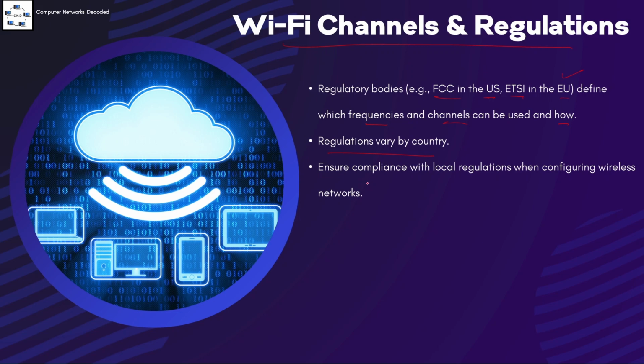These regulatory bodies ensure compliance with local regulation when configuring a wireless network. So for example, when you are configuring your wireless network, you must ensure compliance with your local regulation as to which frequency you can use for Wi-Fi and how.